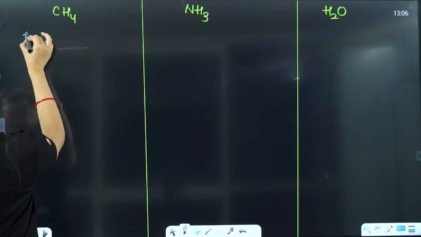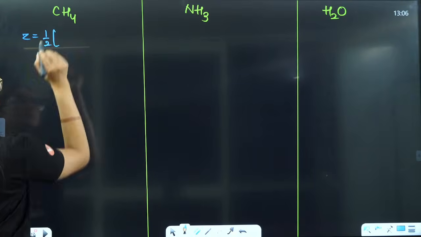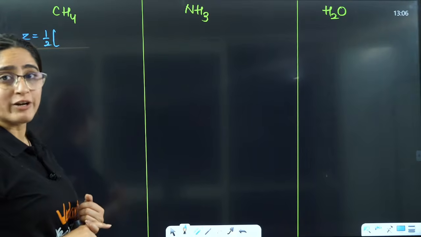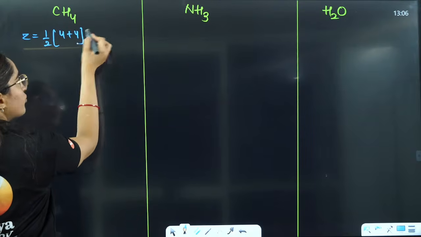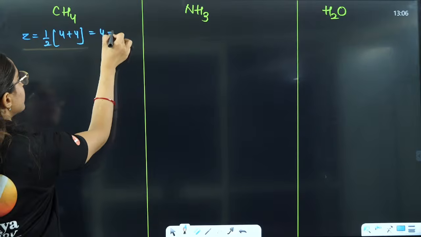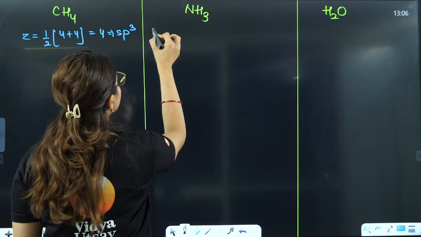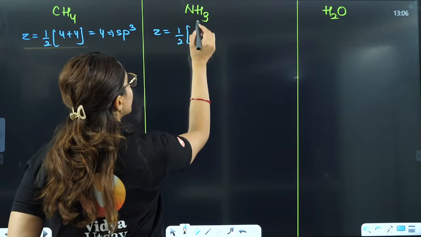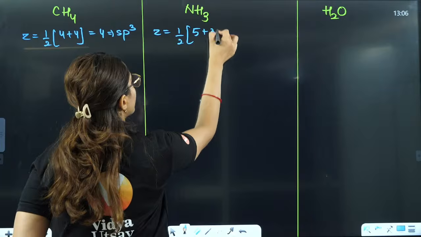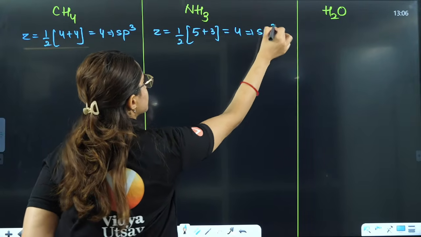Calculate the steric number, Z equals half. Carbon belongs to group 14, so it has 4 valence electrons plus 4 monovalent atoms, no positive or negative charge, so the answer is 4, that is sp3 hybridization. Here also Z equals half, the number of valence electrons is 5, plus 3 monovalent, 5 plus 3 is 8, by 2 is 4, that is sp3 hybridization.